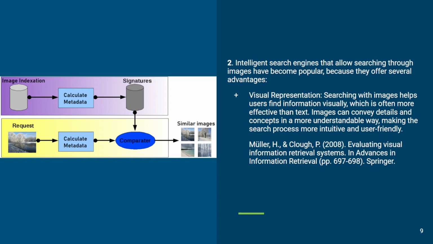Images can describe details and concepts in a more understandable way, making the search process more intuitive and user-friendly. And it's from the journal, the research of evaluating visual information retrieval system.